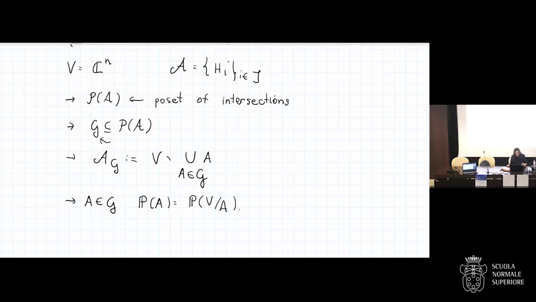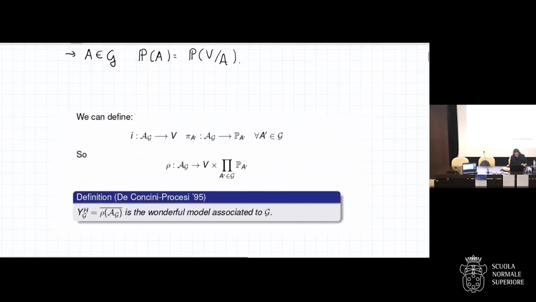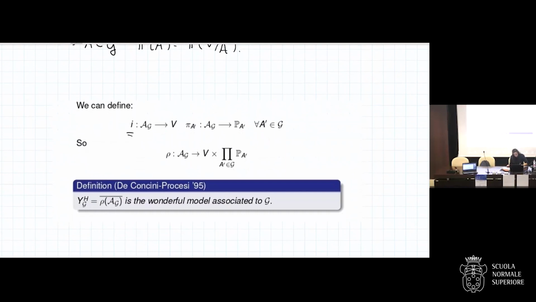Now, with this in mind, one can define the following maps. The first one is just an inclusion of this complement inside this vector space, which is just Cn in our case. The second one is a projection of the complement over this bunch of projective spaces we defined.